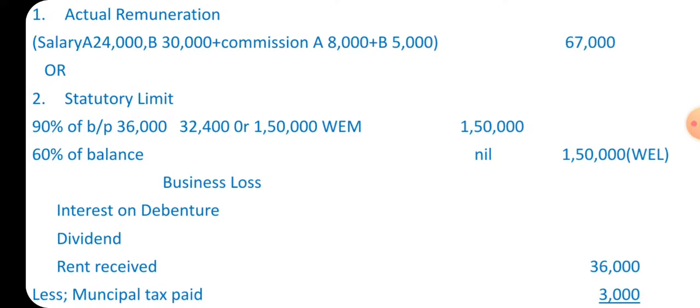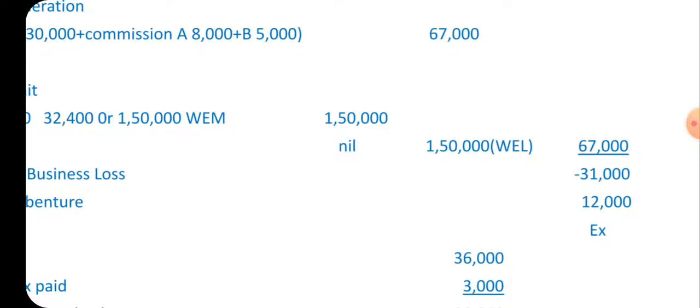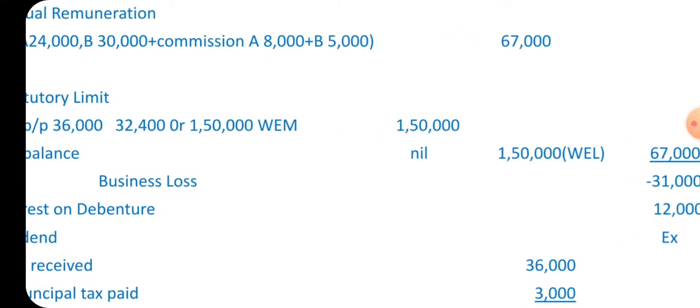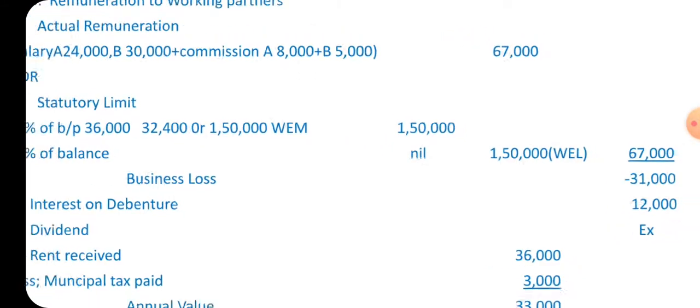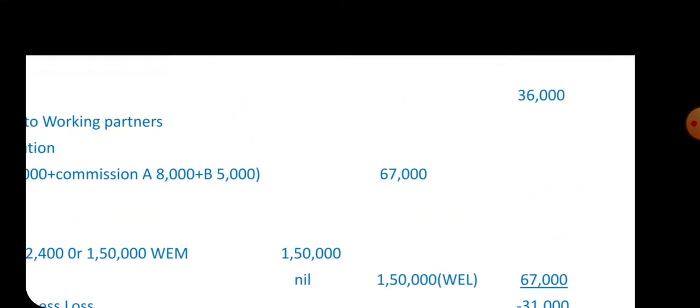Whichever is more, you take the total 1,50,000 to the outer column. Second inner column: 1,50,000, or the remuneration 67,000. In this you take whichever is less. So 67,000 is the lesser amount, and you take that to the outer column.